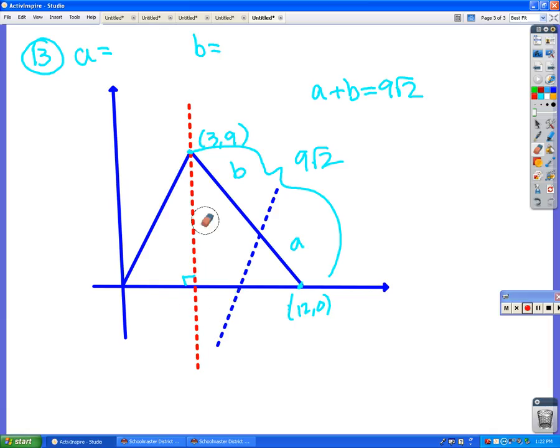Erase some stuff here to unclutter our diagram. So she just drew this line right here to get a right triangle. And it happens to be a 45, 45, 90 because the height of this right here has to be 9 because the y-coordinate of that is 9, right? And since the x-coordinate of that point is 3, that means this bar is 3, which leaves 9 from there. So this whole side is 9 root 2.